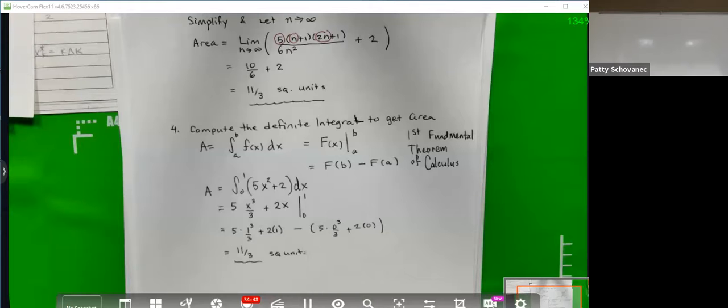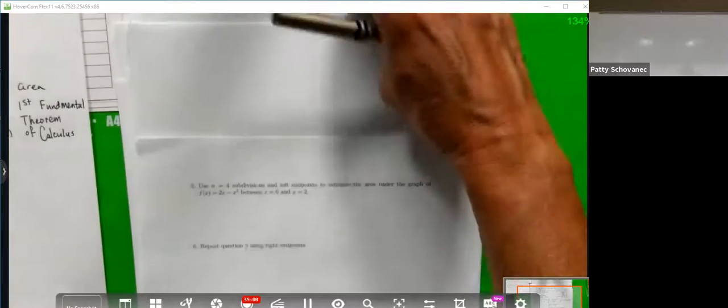So I'm going to do this all again. Actually, you're going to do it again. So here I'd like you to attempt these on your own for a bit. This time I've got an upside down parabola, 2x minus x squared, between x is 0 and x is 2.